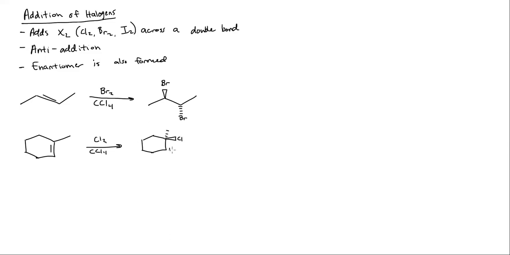So just add a Cl to both carbons, and then I also get the enantiomer of this one as well. I just add a halogen to both carbons and I'm done. I think this is fairly straightforward, and hopefully this makes sense.